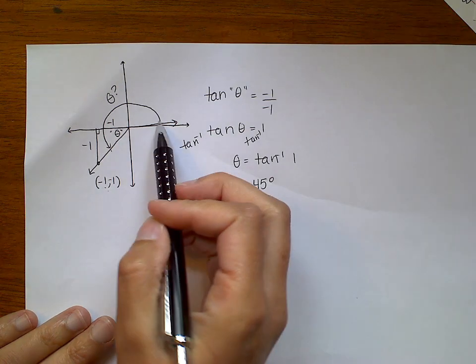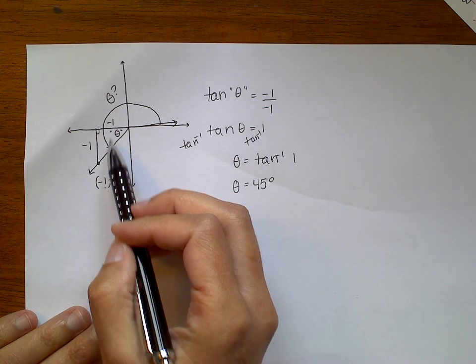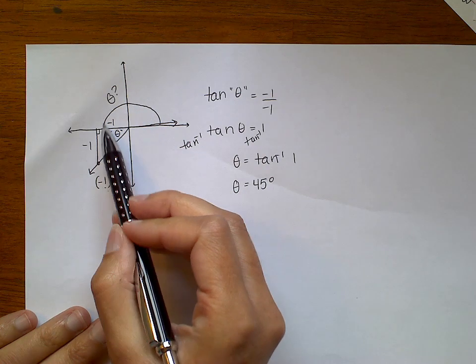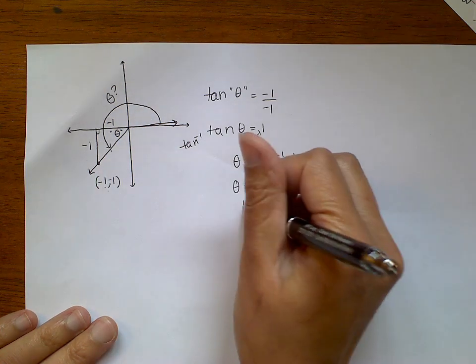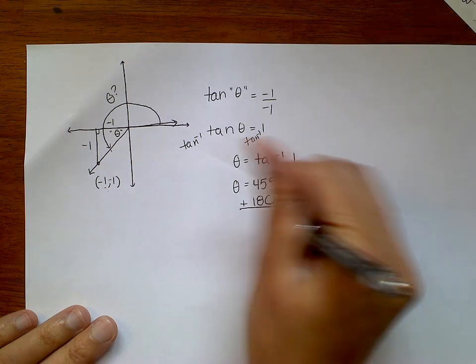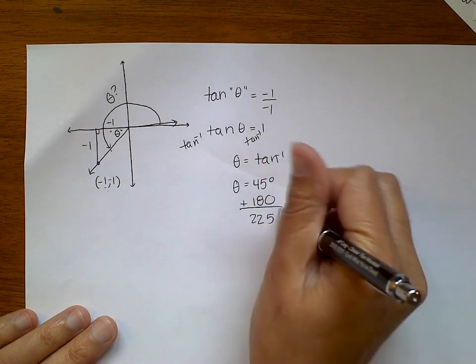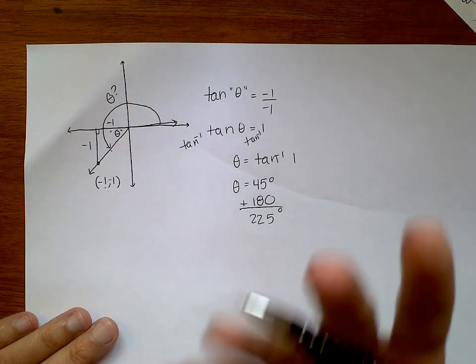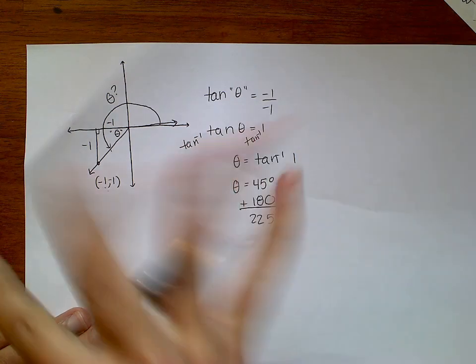And then like if I want this full measure here, it's 45 more than 180 because I went 180 and then 45 more. So if I add 180 to that, we're at 225, which is one of those special angles that I talked about last time when we were converting radians to degrees and things like that.